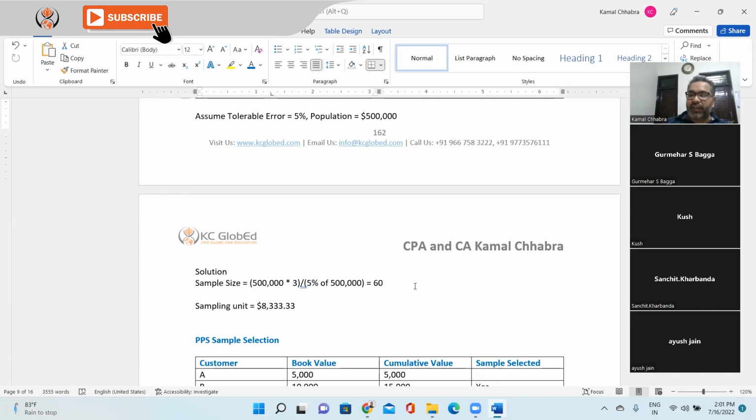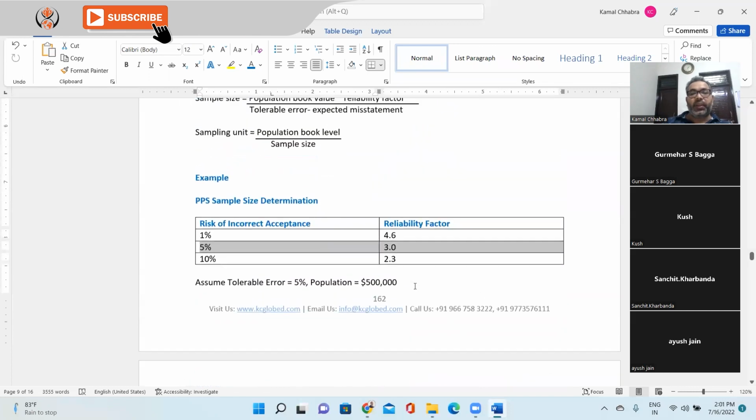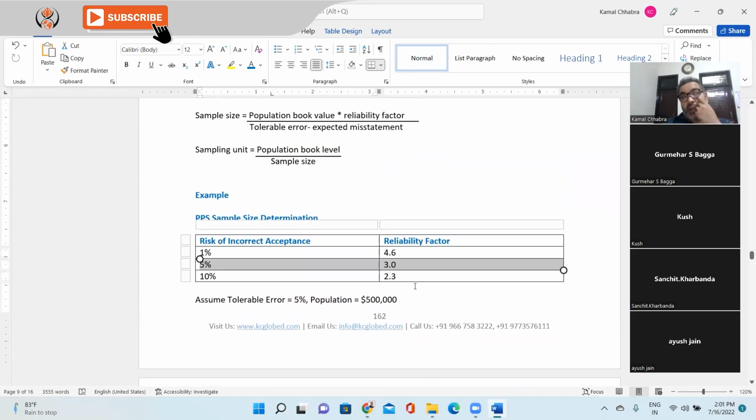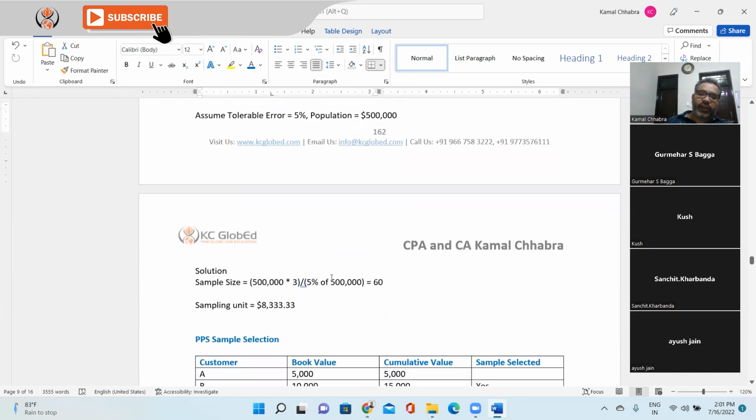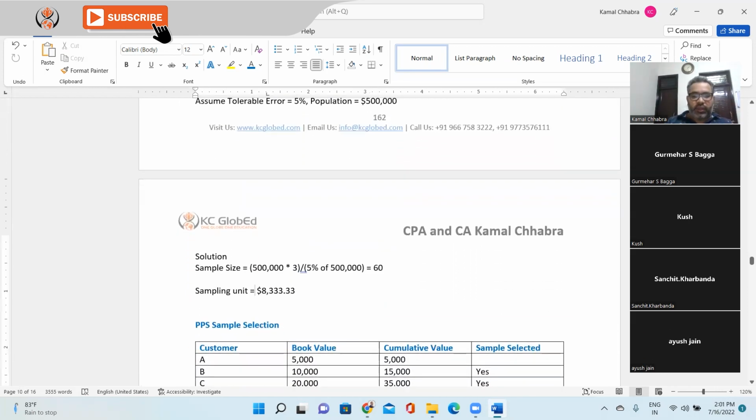And what is the sampling unit for PPS? It is the population book value, that is 500,000, divided by the sample size, 60. So 500,000 divided by 60 is equal to $8,333. That is your sampling unit, right?